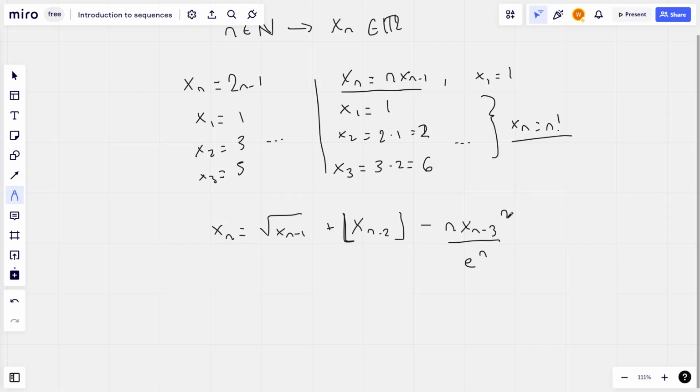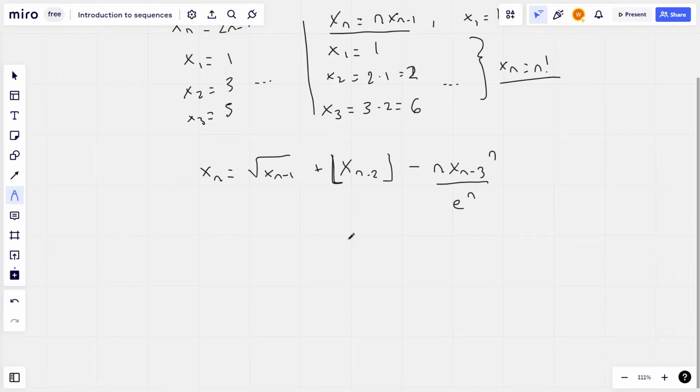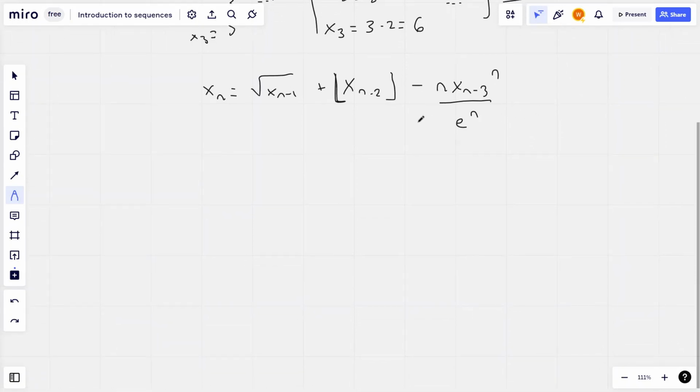Well, this might have a closed form, I'm not sure. But in any case, it's really hard to find, and we may want to leave it in terms of this with whatever initial conditions. So now I'm going to introduce limits to infinity in terms of sequences.